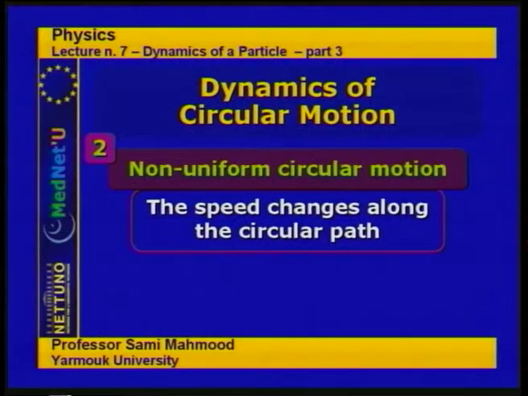As we saw from the previous discussion, the radial or centripetal acceleration does not entail a change in the magnitude of the speed. If the magnitude of the speed is changing, that implies that we should have a component of the acceleration in the direction of the velocity. That is the only component that would lead to changing the magnitude of the velocity.